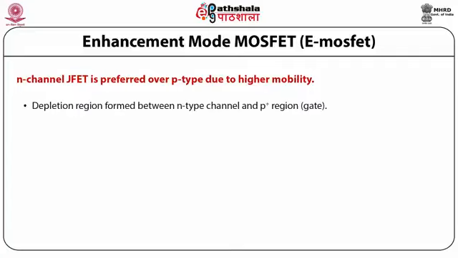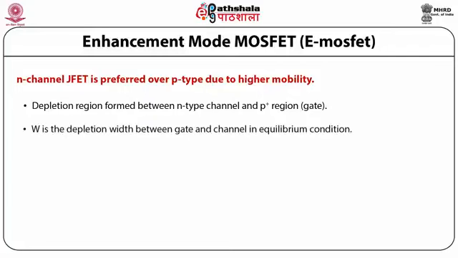A depletion region is formed between the N-type channel and the P plus region gate, and the width of the depletion region is represented by W between the gate and the channel in equilibrium condition.